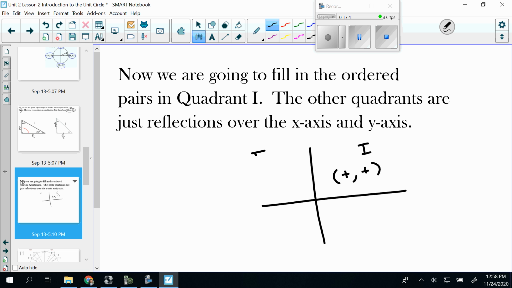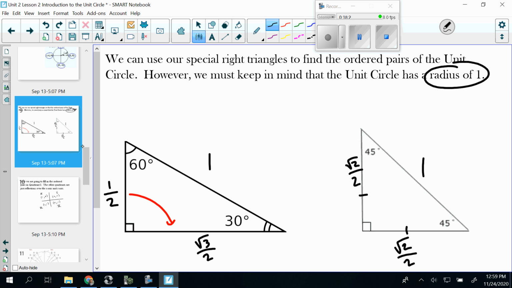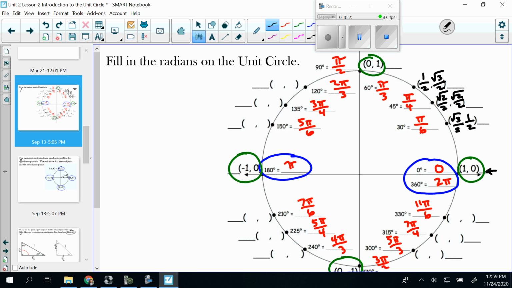In quadrant 2, moving, remember, counterclockwise here, that's why this one's called quadrant 2, all our x values are going to come out negative. Our y values, though, are still above the x-axis, so they would come out positive. In quadrant 3 down here, both numbers are going to come out negative. And in quadrant 4, our x is positive, but we're below the x-axis, so our y would come out negative. So we're going to get those same ordered pairs now that we had in the first quadrant, just there's going to be some sign changes on them.